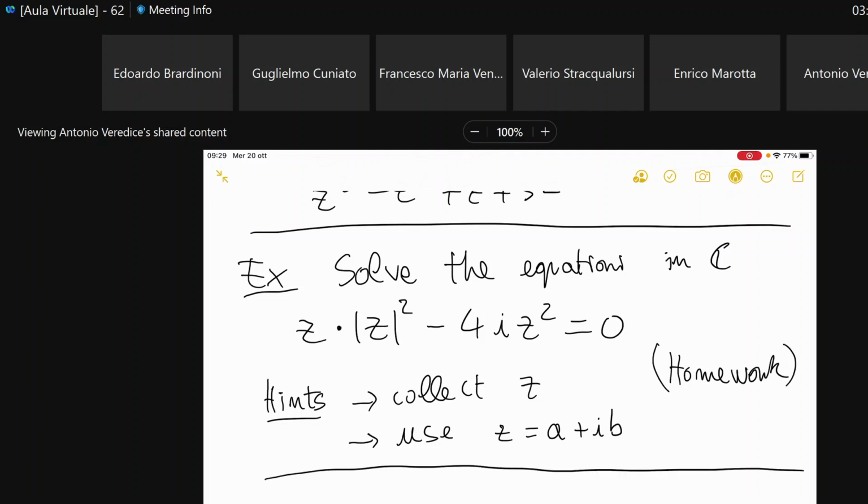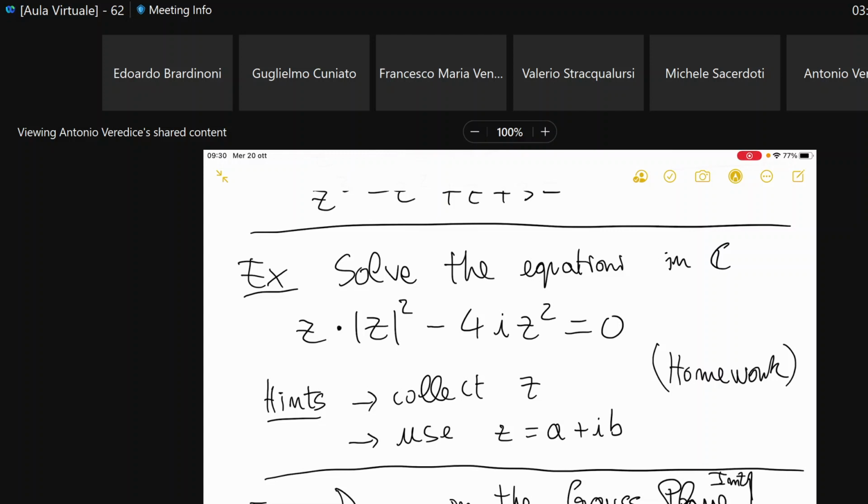And the last one is: draw in the Gauss plane. Okay, the Gauss plane was the plane where we represent the complex number with the real part and the imaginary part.